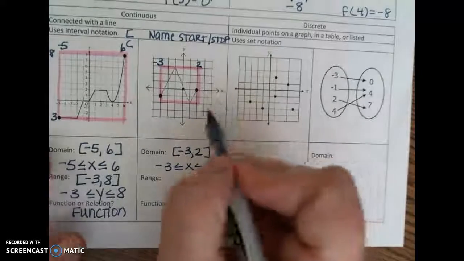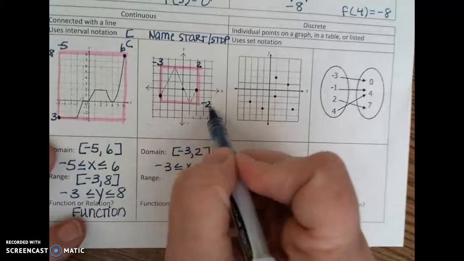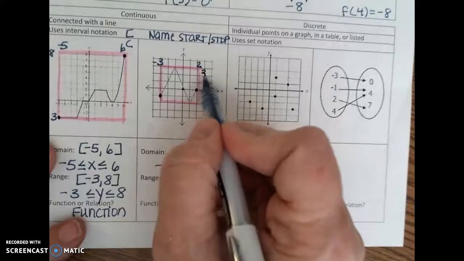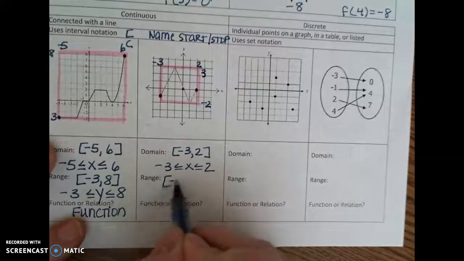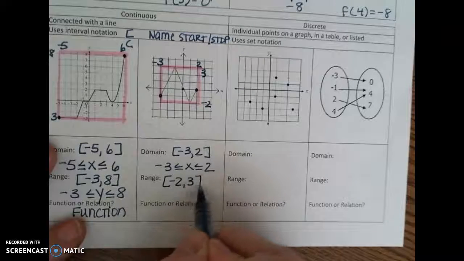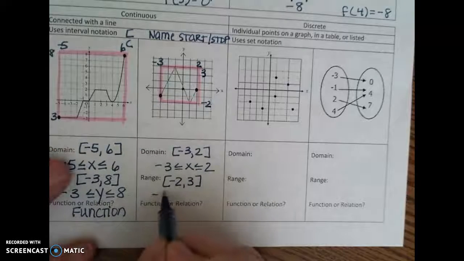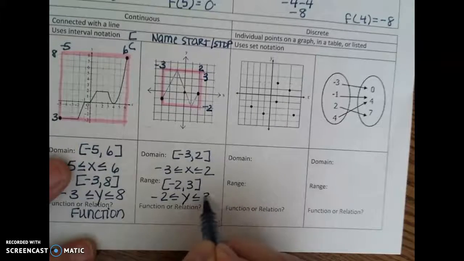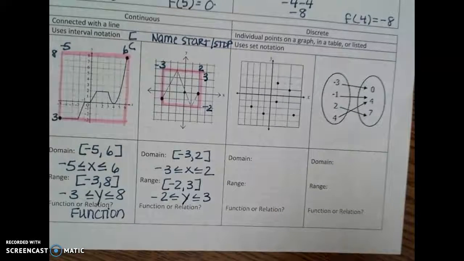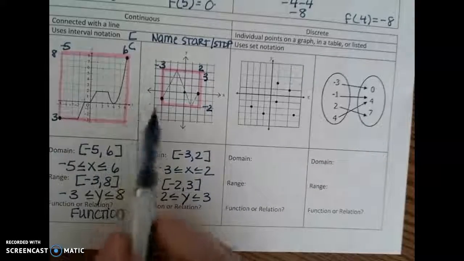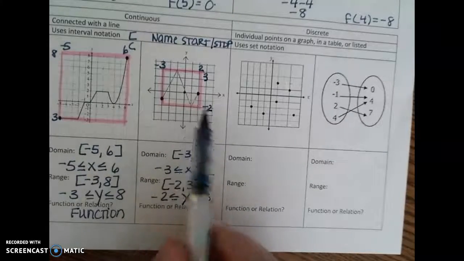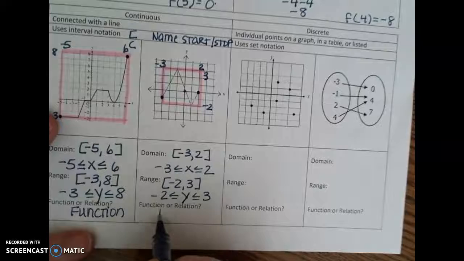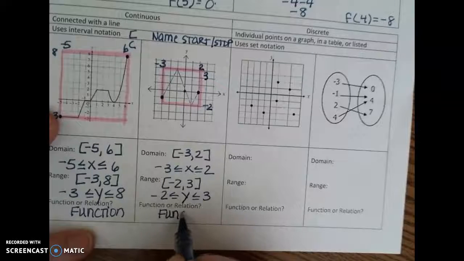My very lowest range is -2, my very biggest range is 3, so that gives me my range, and as an inequality, it's going to look like that. This graph passes the vertical line test. There's no x's stacked on top of each other, so this is a function.